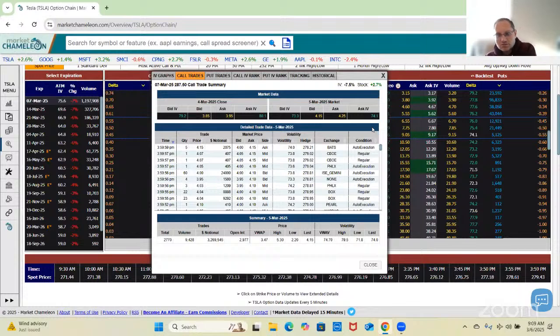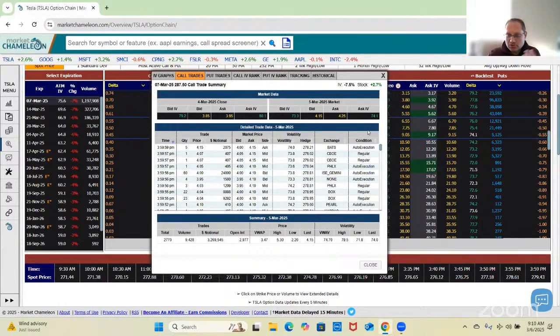And why that's important is that even though the option increased in price, and a lot of it could be attributed to the stock price, right? The stock price increased, it's a call, so it increased. But on a relative basis, it actually still declined because the implied volatility is lower. If we said the implied volatility remained the same, 79.2 instead of 73.3, this option would have been worth more.